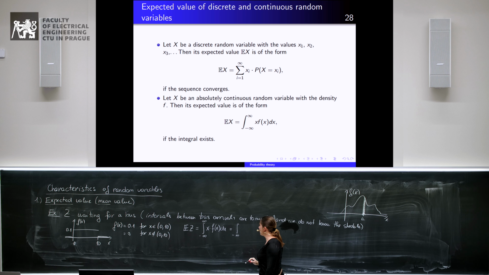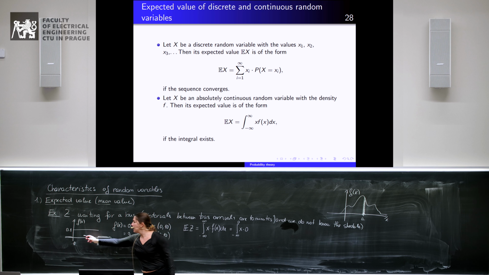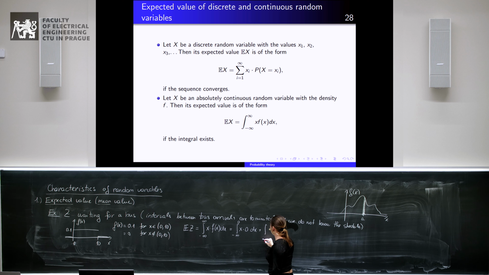The integral from minus infinity to 0 of x times 0, because the density is equal to 0 in negative numbers, plus the integral from 0 to 10 of x times 0.1 dx, because the density is equal to 0.1 in this interval, plus the integral from 10 to plus infinity of x times 0 dx, because the density is equal to 0 in the interval from 10 to infinity.